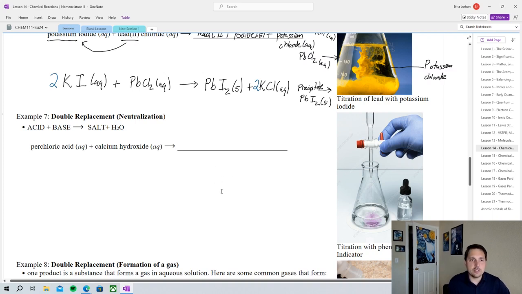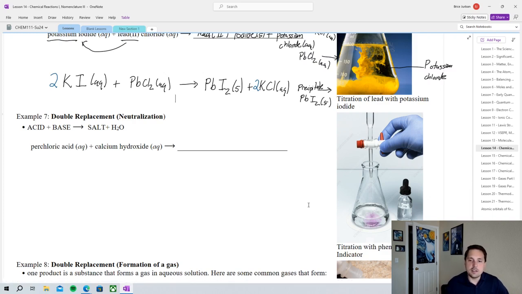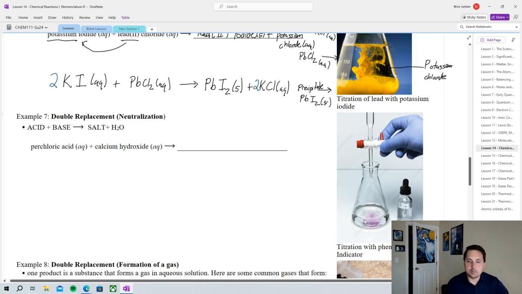And we can monitor the progress of an acid-base reaction by using a pH indicator. And here on the right is an acid that's being titrated with a base. And as the pH increases, as it becomes more basic, the indicator changes color from colorless to a magenta.